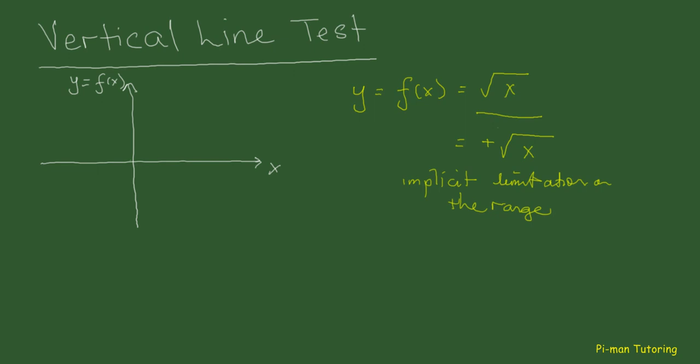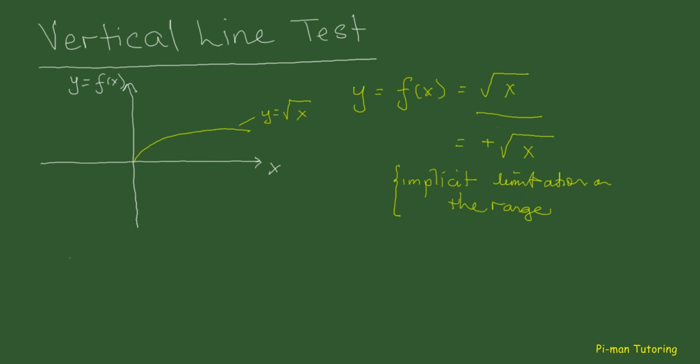We're saying that we only accept positive values of the square root. And so this is my graph of y equals the square root of x. And it is a function under these conditions.